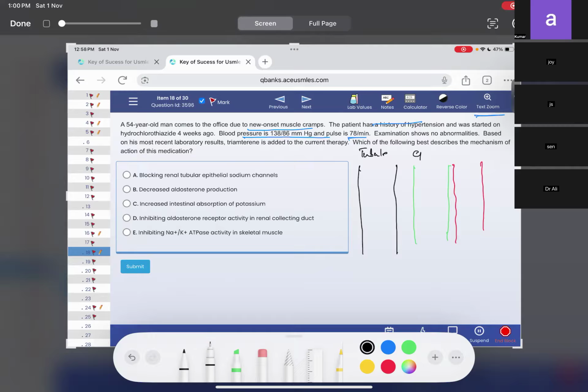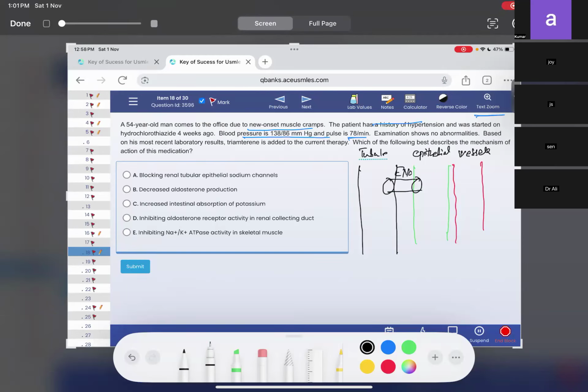This is the tubule. This is an epithelial cell, and this is a blood vessel. Okay, so ENaC is usually present here between the tubule and the epithelial cell.